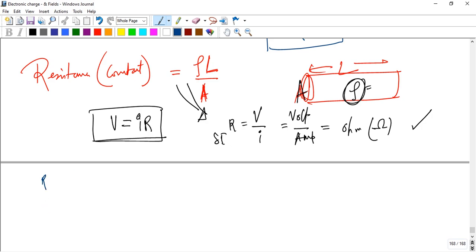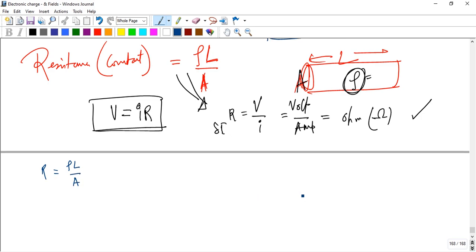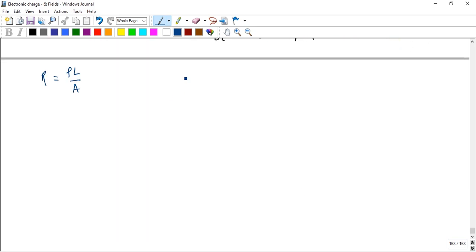So R is the resistance, that is equal to rho L upon A, where rho is the resistivity. You know that rho is a material property.